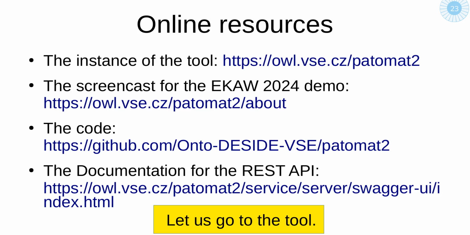And there are some online resources. The tool itself, we will check it in a second. The screencast is available, the code is available on GitHub, and there is the documentation for the REST API. So let's go to the tool.